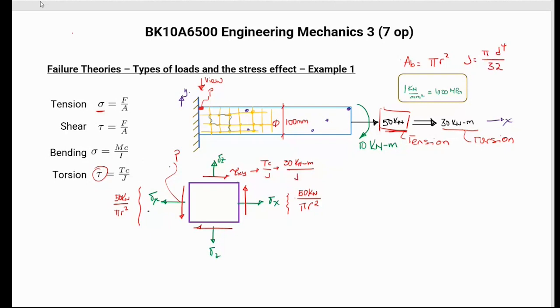Then that's multiplied by c, which is the distance from the neutral axis, that in this case coincides with the centroidal axis, to the point of analysis, which is going to be half the diameter, or the radius. And that's it.